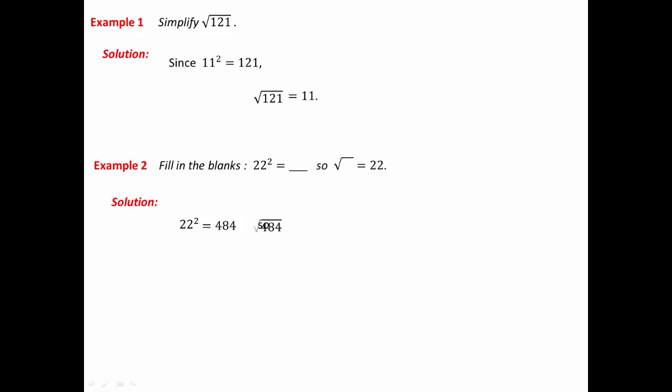So the square root of 484 equals 22. Notice that the answers are exactly the same. We filled in the blanks with the same number. It is important for you to understand this in case they ask you the question as a fill-in-the-blank or a true-false question.